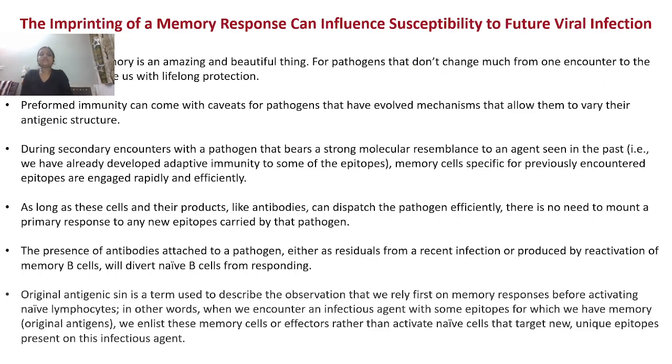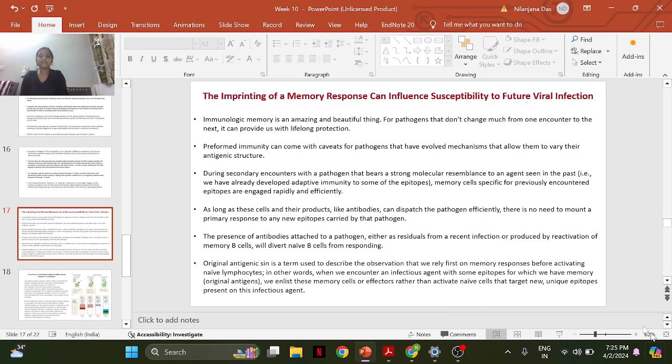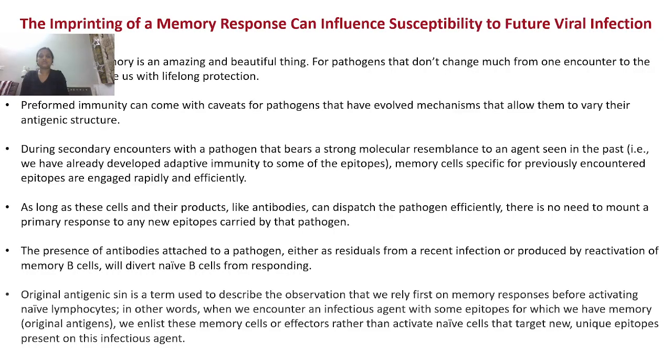Imprinting of a memory response can influence the susceptibility to future viral infection. Immunological memory, we all know, is an amazing and beautiful thing, and for pathogens that don't change much from one encounter to another, it can provide us with lifelong protection.